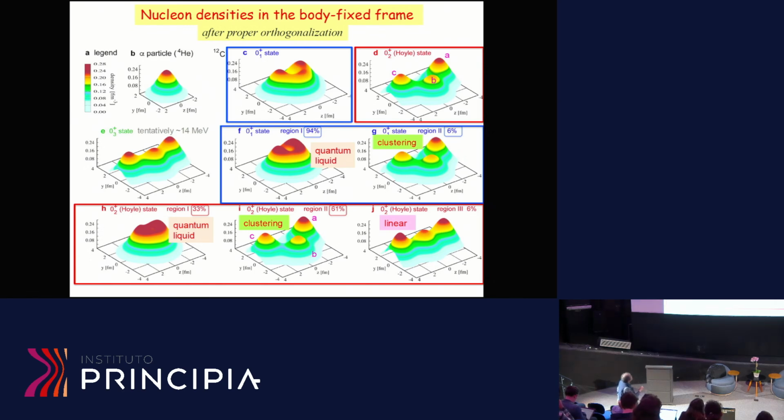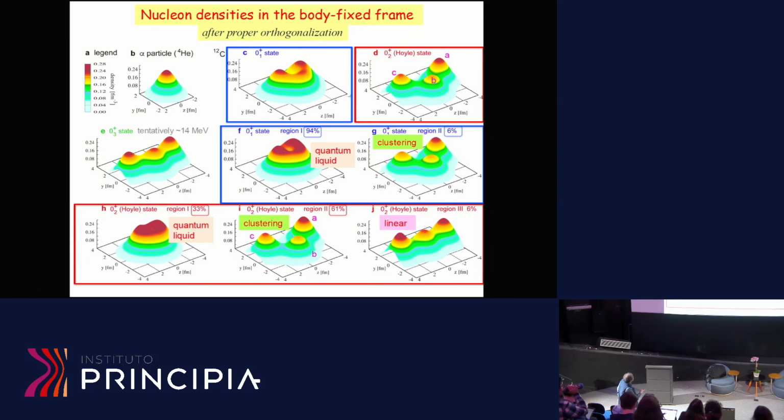But if you look at the Hoyle state, you have 3 separate peaks, and each of them shows similar density like this. So the Hoyle state really looks like 3 alpha clusters sitting a little bit far away from each other.